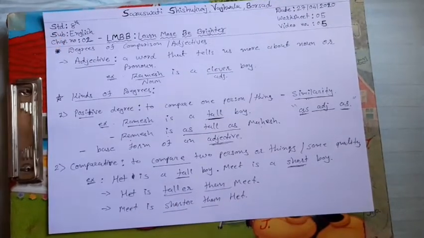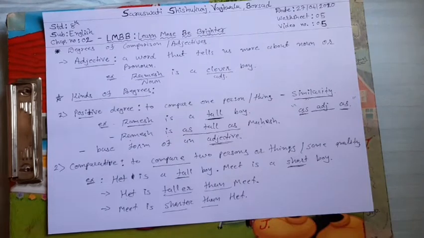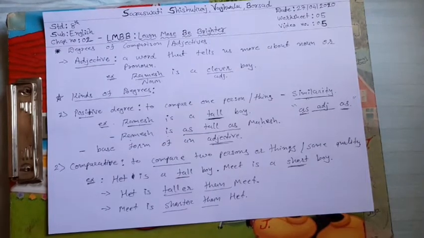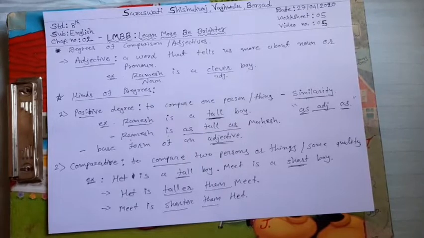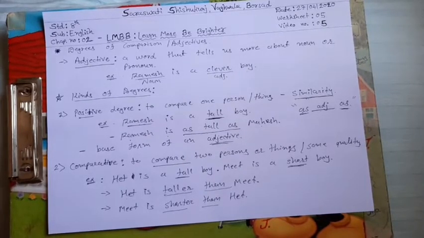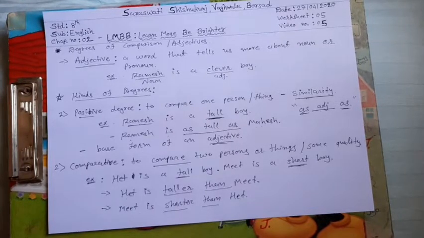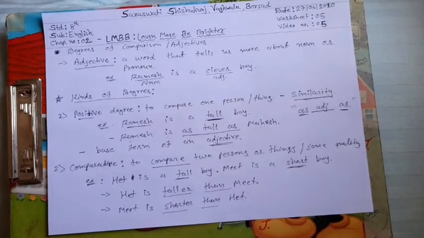We can see the qualities of the two persons are changed, but the comparison is for the same quality. So if we are comparing two persons or two things for the same quality, we will use the comparative degree.